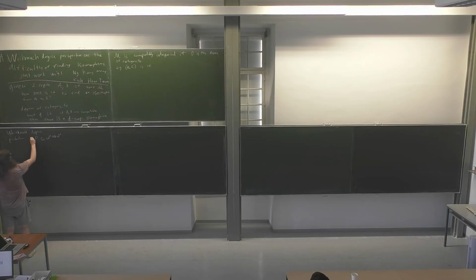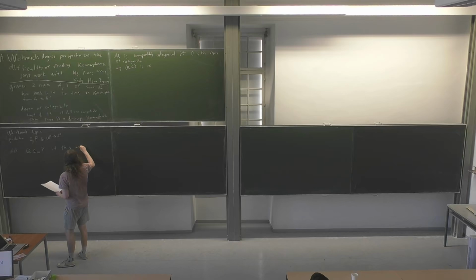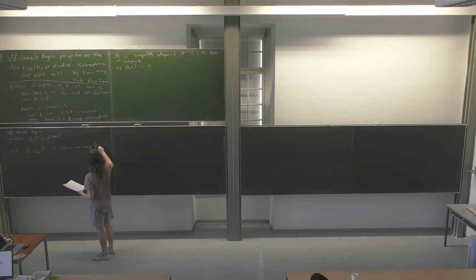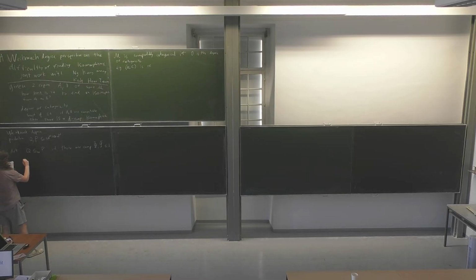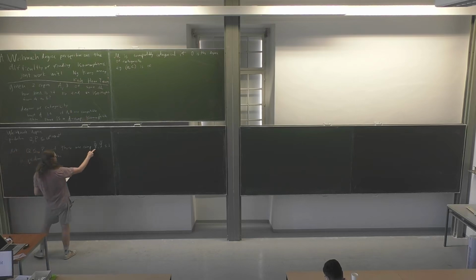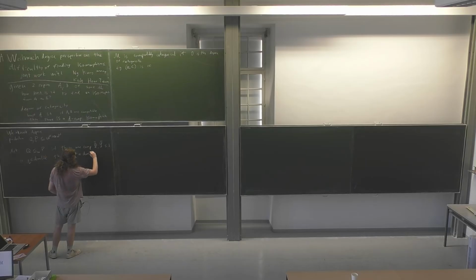So if we've got Q and P, by definition, we say that Q is reducible to P if there are computable functionals phi and psi such that if q is an instance of Q, then our forward functional phi of q should be an instance of P in the domain.